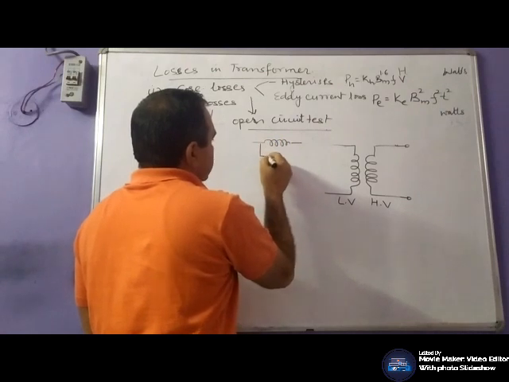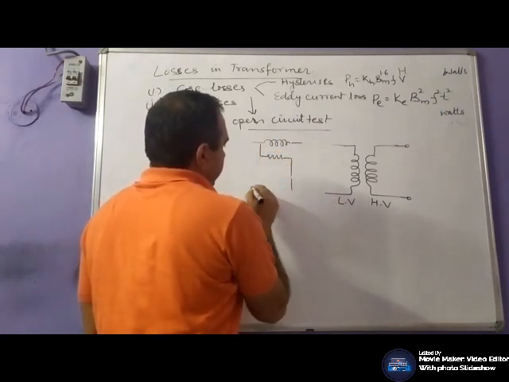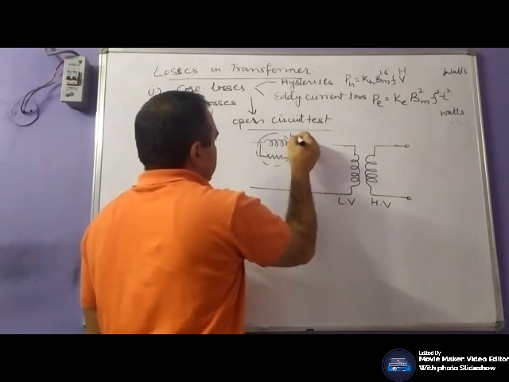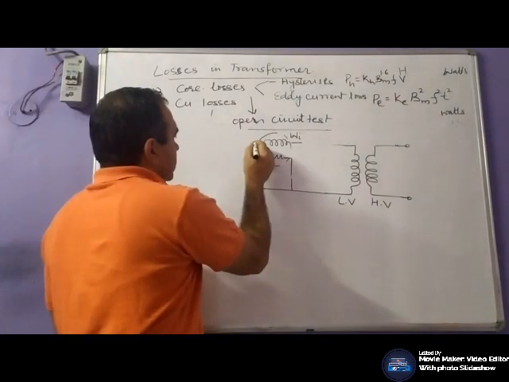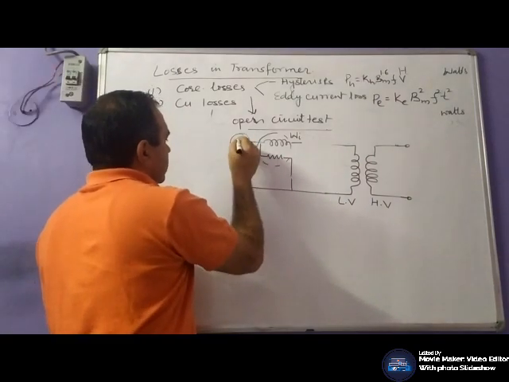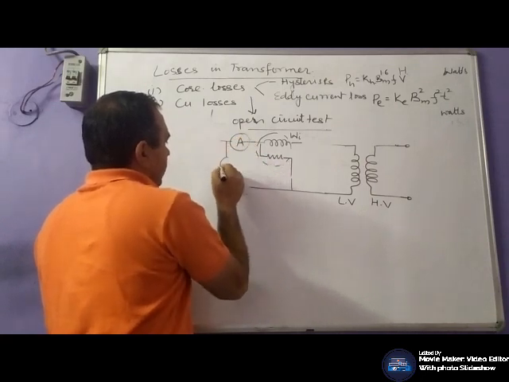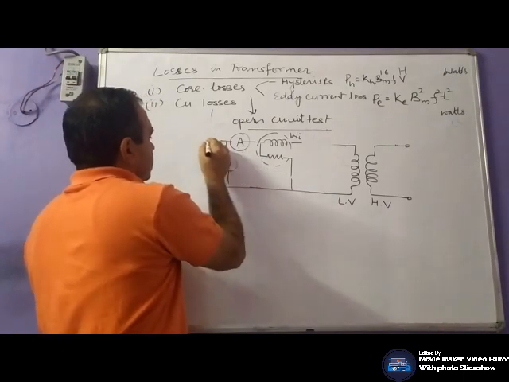To measure the losses, let us connect a wattmeter, an ammeter to measure the no load current, and a voltmeter to measure the voltage.